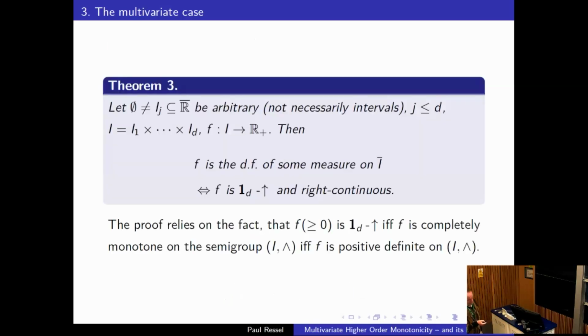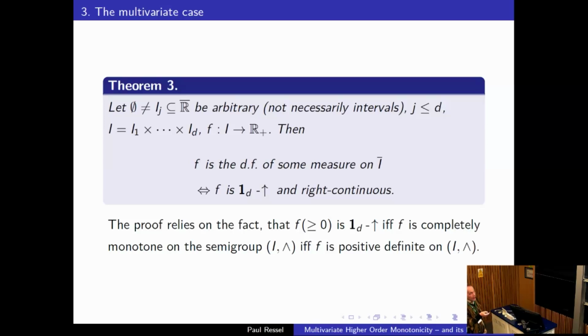Well, the next theorem is a characterization of such distribution functions. Here, the I_j can be arbitrary non-empty sets, not necessarily intervals, and even plus or minus infinity may belong to them.